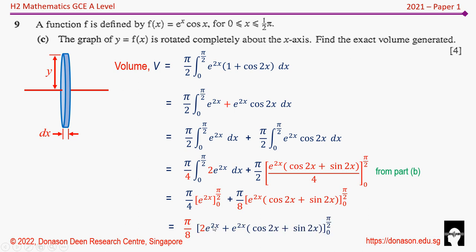So 2 e to the power of 2x, and then from this I have taken out the pi over 8. So what I will have is e to the power of 2x times cosine 2x plus sine 2x. Okay, now since this is also 0 to pi over 2, and this is also 0 to pi over 2, I can combine them and write the limits as 0 to pi over 2 for the entire expression.